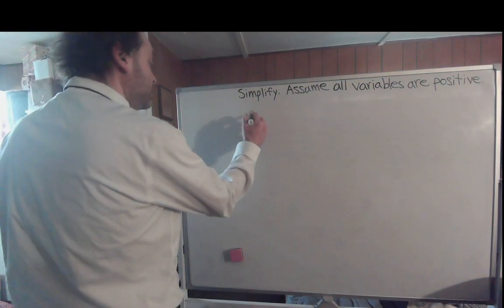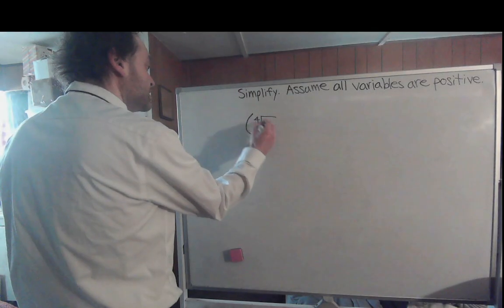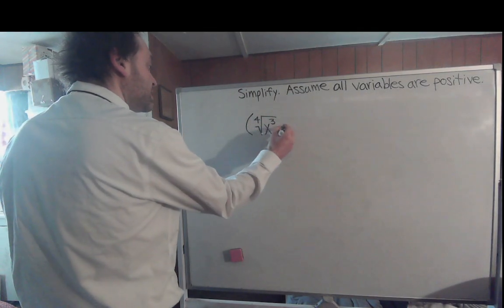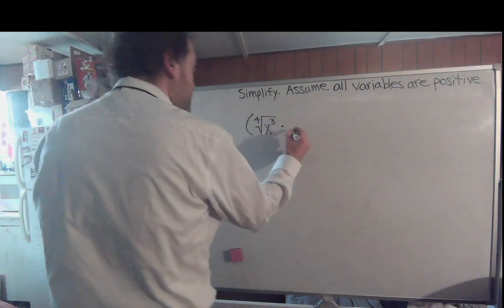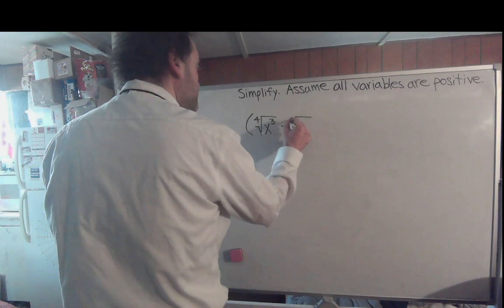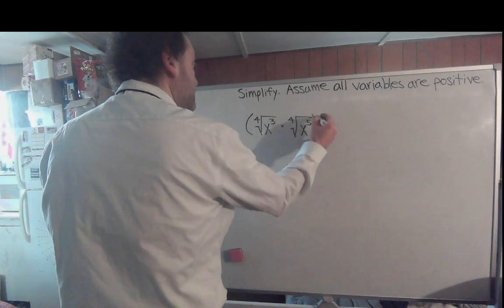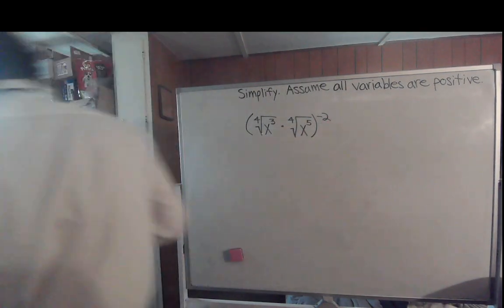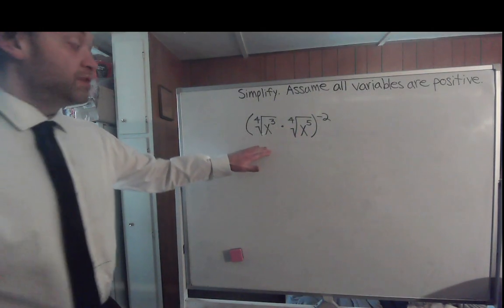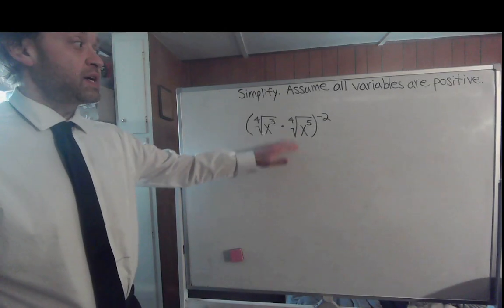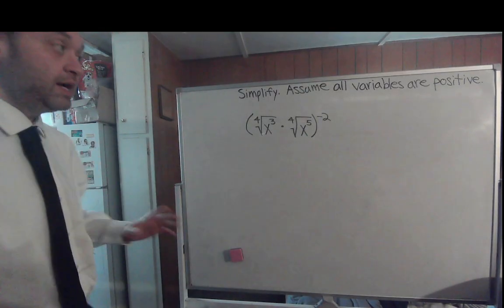All right, now let's say we have the fourth root of x to the third times the fourth root of x to the fifth. That's all raised to the negative second power. So we have the quantity of the fourth root of x to the third times the fourth root of x to the fifth, all that raised to the negative second power.